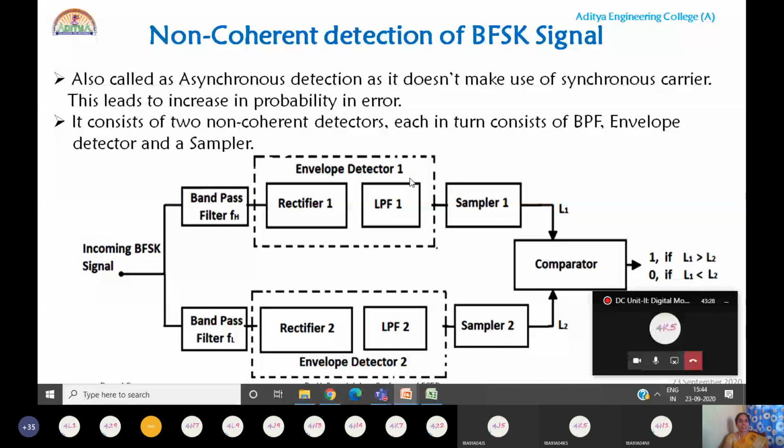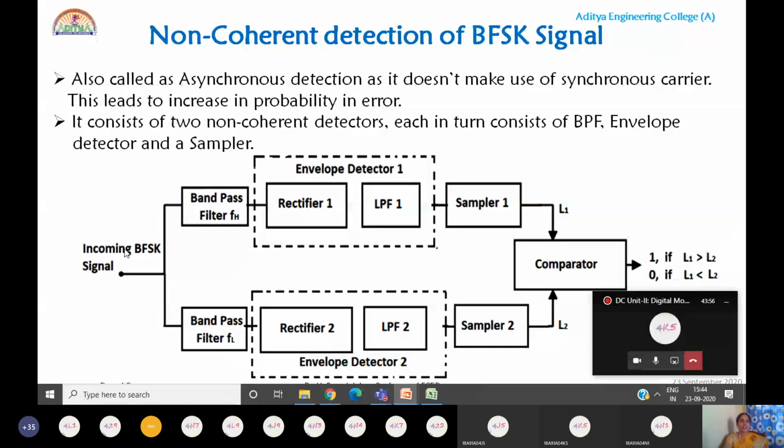The envelope detector in turn consists of a rectifier followed by a low pass filter. Similarly, please observe the band pass filter cutoff frequency of the upper non-coherent detector. It is FH. And the band pass filter cutoff frequency for the lower non-coherent detector is FL.